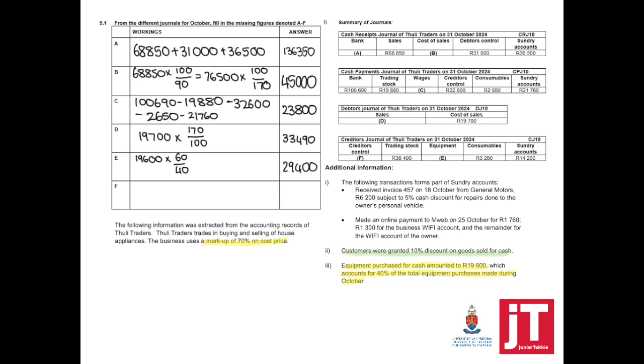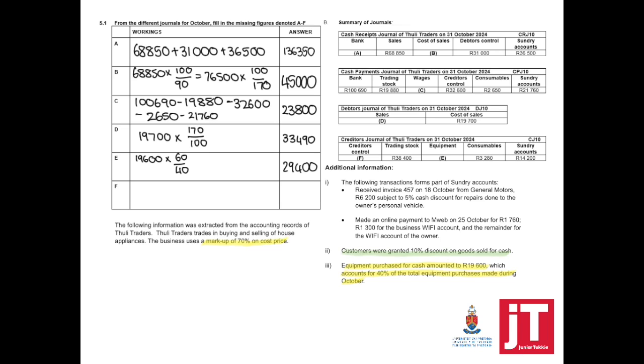So there's different ways to approach this now. If 40% is on cash, it means that 60% is on credit. So to find out, because that's what we want to find out, what was the credit purchases of equipment, we're going to say times 60 divided by 40, and that equals 29,400.